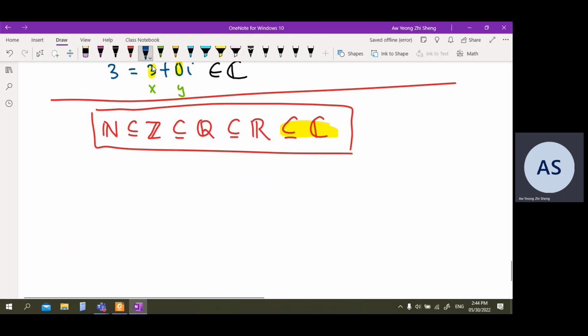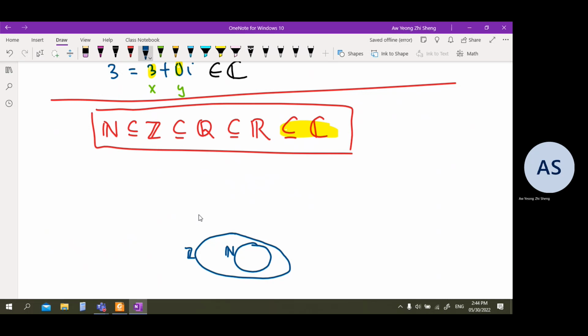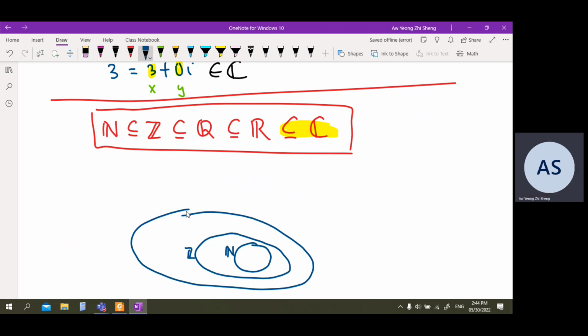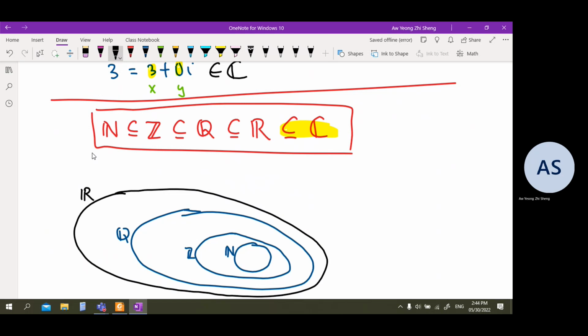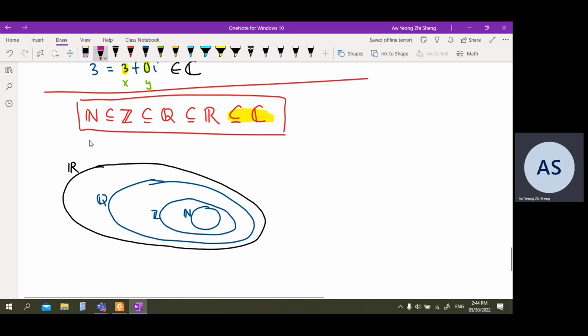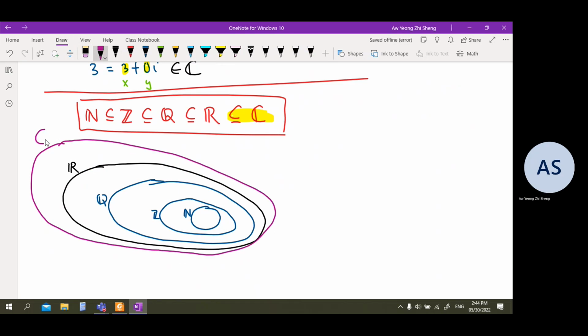If you depict this on a Venn diagram, you have N at the innermost, followed by Z at the outside of it, followed by the set Q, then followed by the set of real numbers, and also the set of complex numbers. So the set of complex numbers, or the set C, will be the largest number system that we will learn in our syllabus. We will not learn anything larger than C.